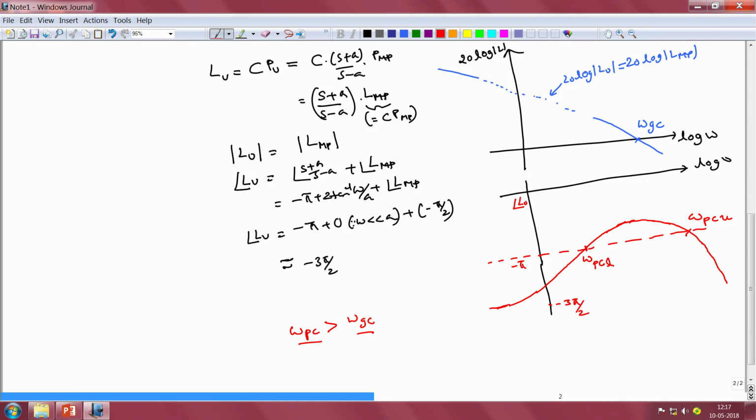So we might therefore be led to conclude that the rule that we need to apply in order for us to have a stable closed loop system is that the gain crossover frequency should be to the left of both the phase crossover frequencies, or in other words that omega Gc should be less than both omega Pc lower as well as omega Pc upper.